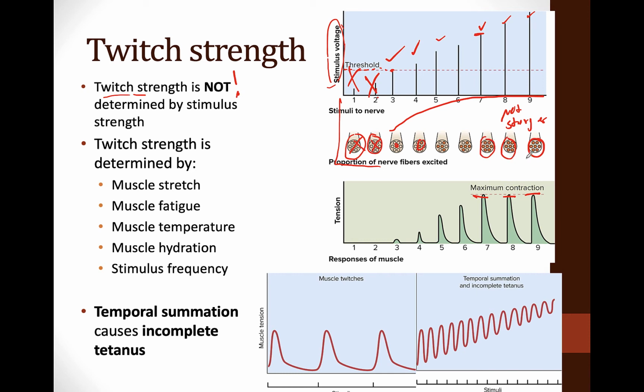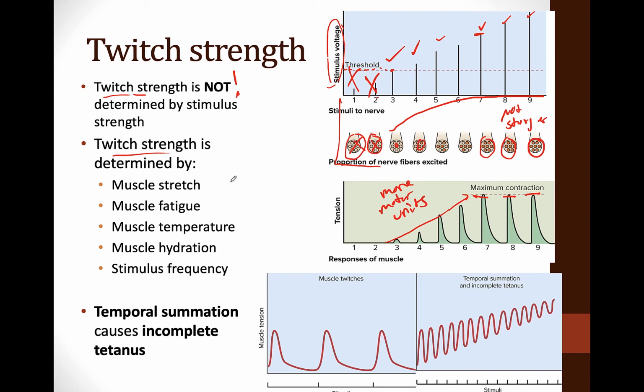I can't actually add anything to it. So these contractions only went up because we got more motor units involved. So each motor unit is all or nothing. It's either going to cross the threshold and go, or it's not going to go.